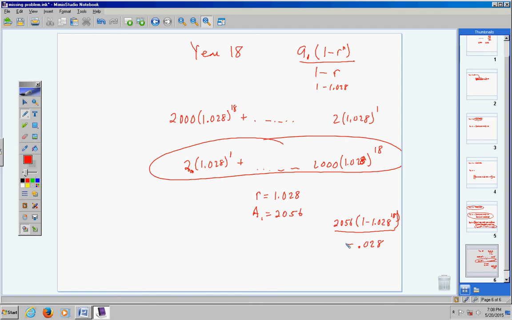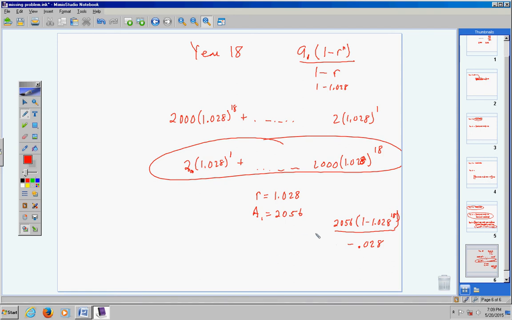Now, with my calculator, I'm going to take this expression right here: 1 minus 1.028 to the 18th power. And you should get this. If you're doing it correctly, you should get negative 0.6439025301. Let me say it again. And don't clear your screen. Leave that on your screen. You should get negative 0.6439025301.